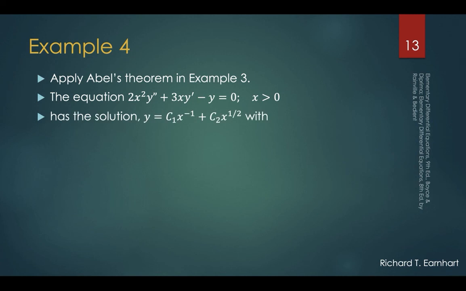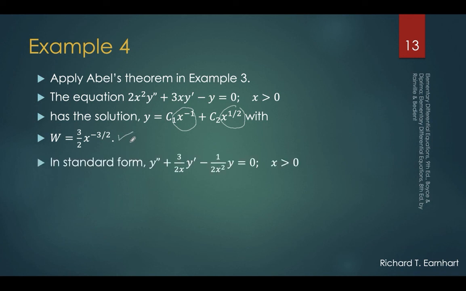So the solution from the previous problem, this is your y1 and y2. And we obtain from example 3 that the Wronskian is 3/2 x raised to negative 3/2.